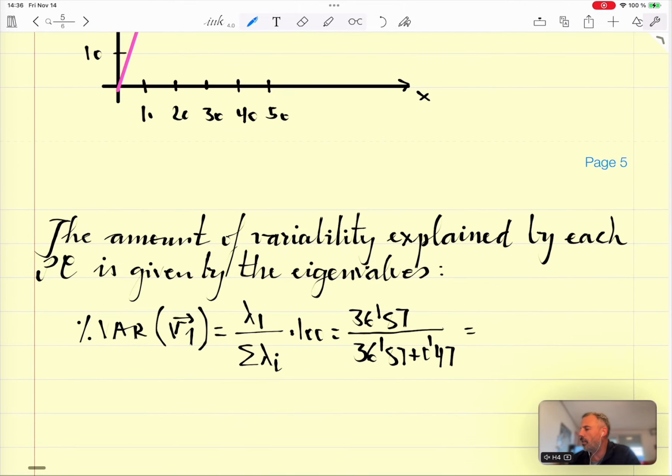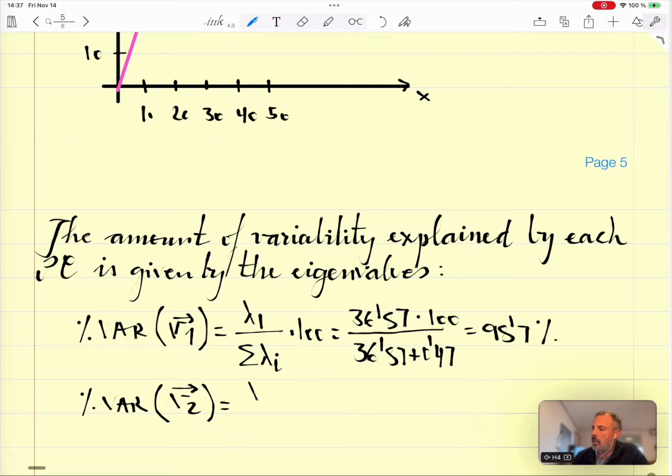And this is going to be times 100. This is going to be a lot. It's like 99 or something. 36.87 divided by 36.87 plus 0.47 is going to be 98.7%. The amount of variability explained by the second eigenvector is the same, lambda 2 divided by the sum times 100.